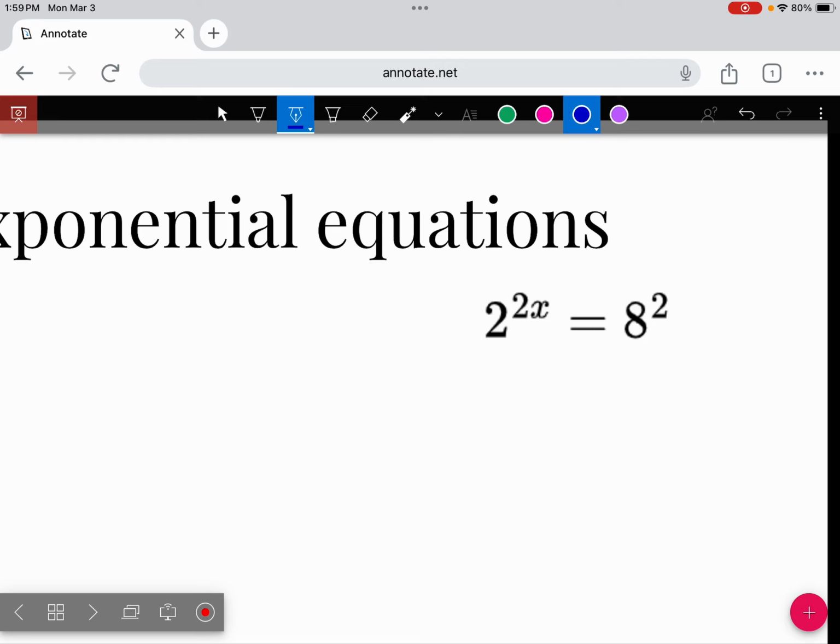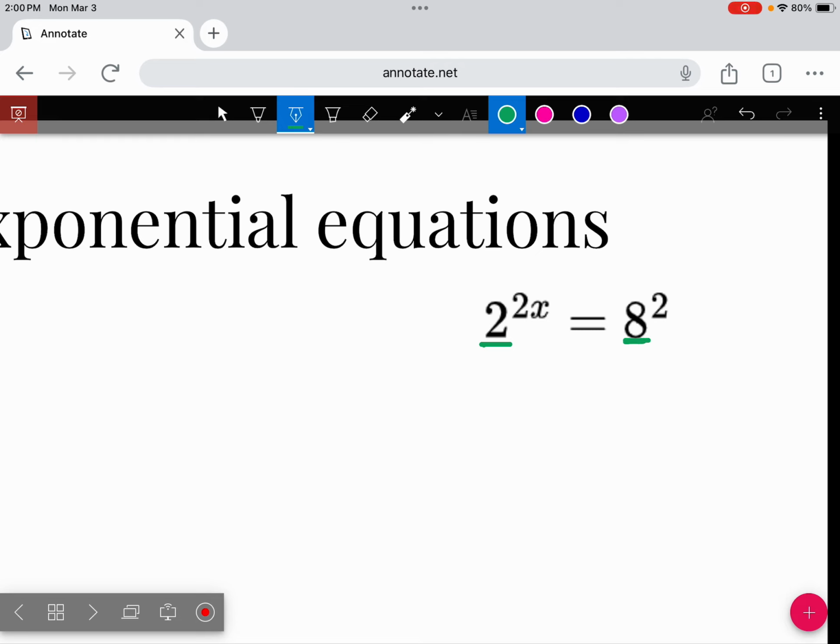All right. So let's look at the one on the right up here. We've got 2 to the 2x equals 8 squared. We'd really, really like our bases to be the same. It's the only way we can do something with it.